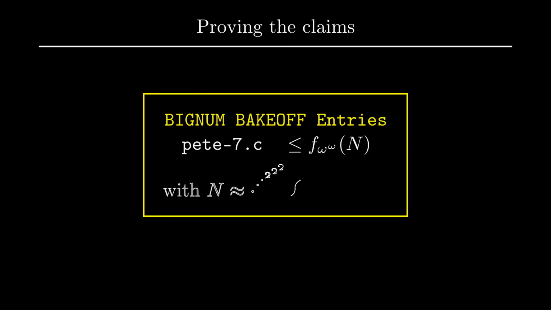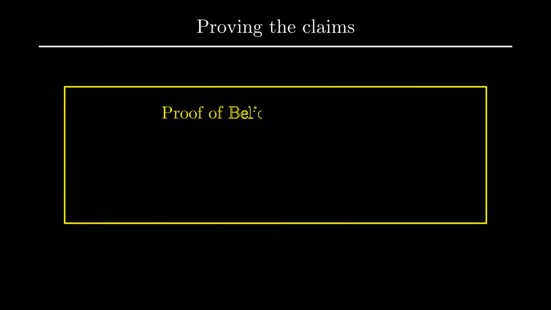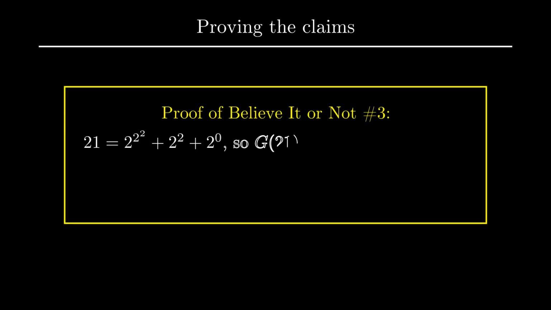The final claim was about the length of the sequence starting at 21, being larger than the output of the programs in the previous episode. Let's recap the largest output. It was Pete7.c, which output f omega to the omega of n, where n is a power tower of 2's of length 36. Now 21 is 2 to the 2 to the 2 plus 2 to the 2 plus 2 to the 0.